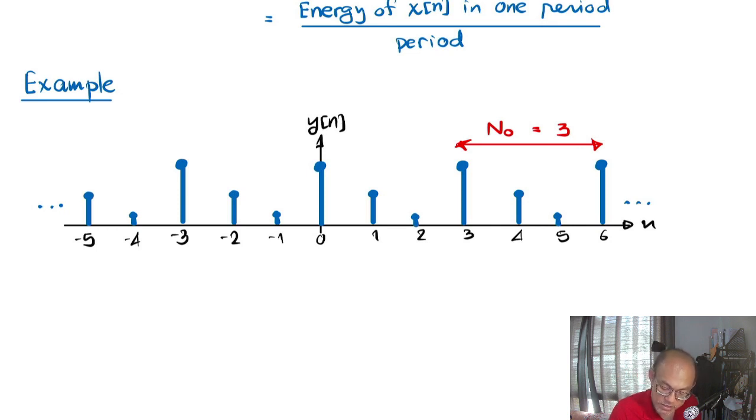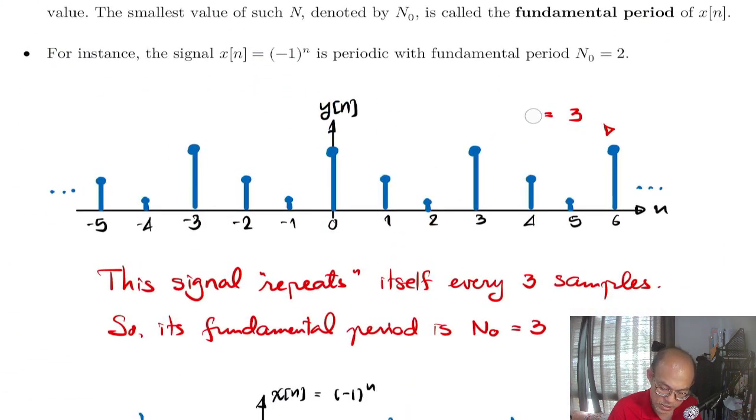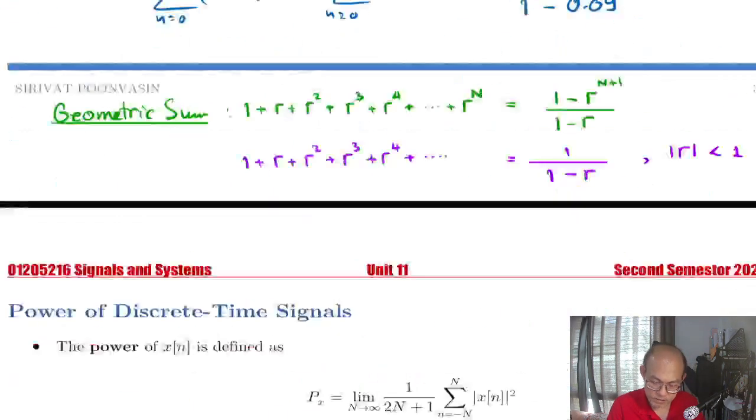Now let's define one period. So this is one period, right? Actually, it should be this. Sorry. One period. Yeah, this is one period.